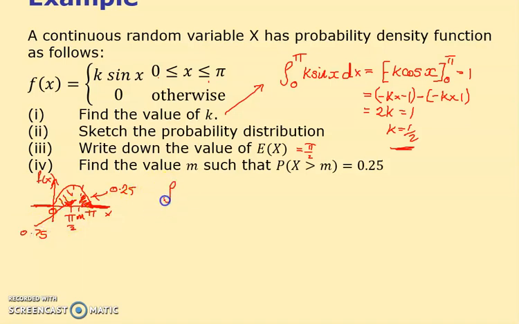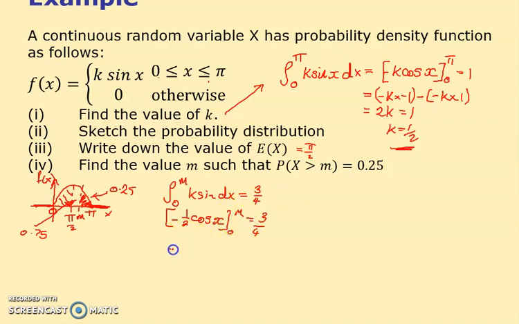I'm going to say the integral from 0 to m of k sine x dx equals 3/4, 0.75. So it's slightly different. k I already know is a half. When I integrate it, I get a minus, so it's minus k, a half, cos x between 0 and m equals 3/4.